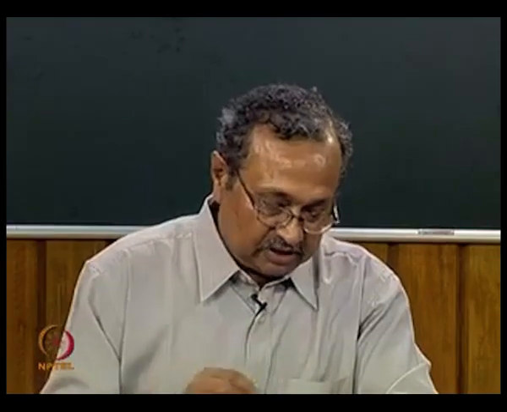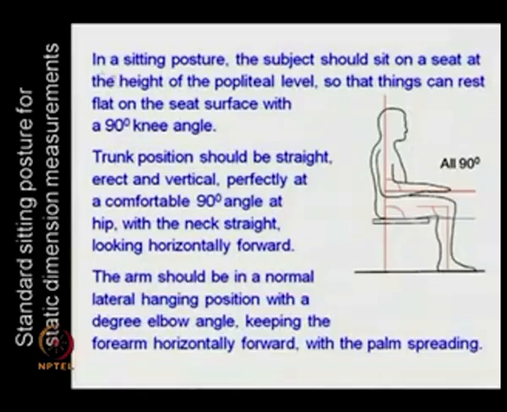Now, in a sitting posture, the subject should sit on a seat at the height of the popliteal level, so that the thighs can rest flat on the seat surface at a 90-degree angle.